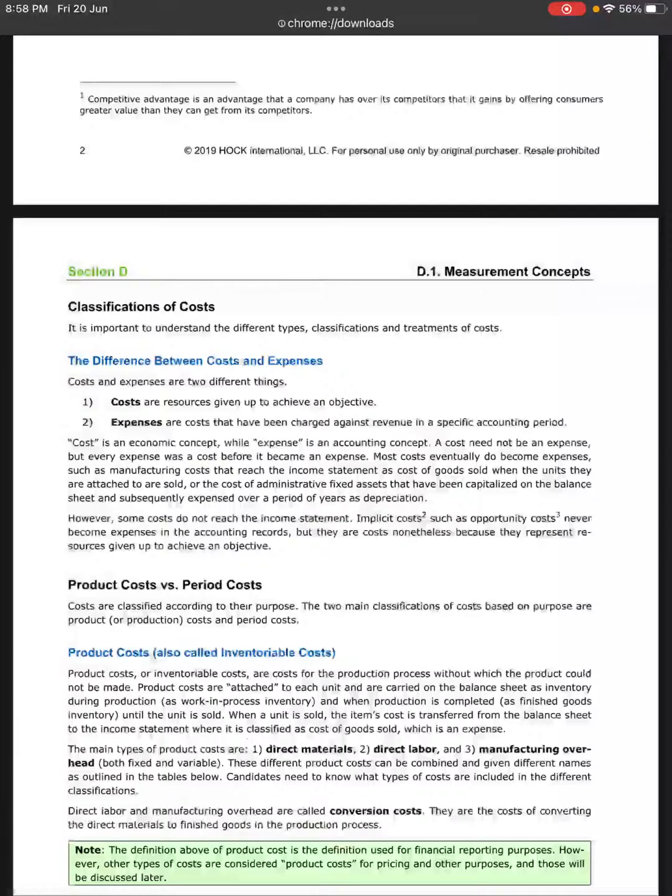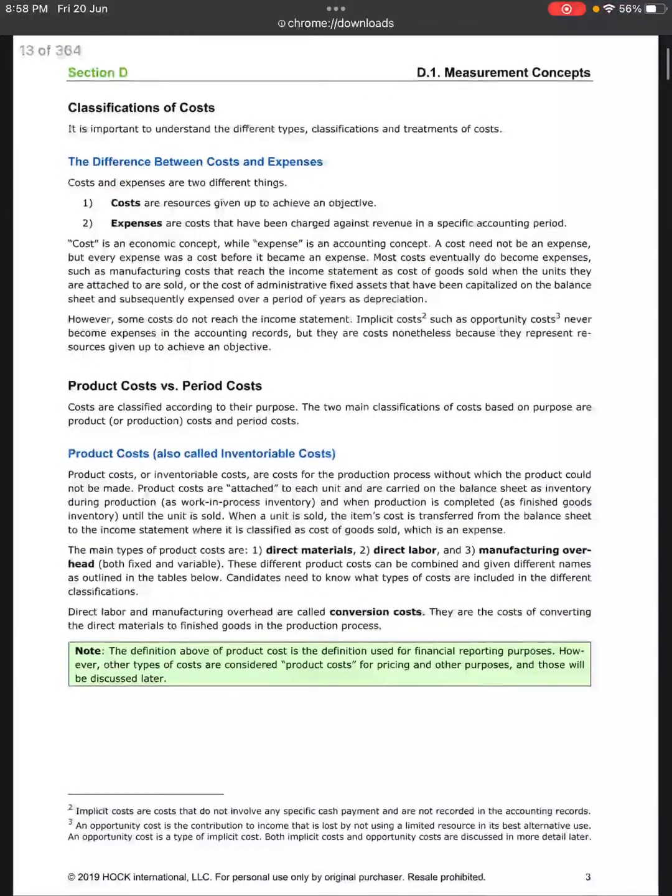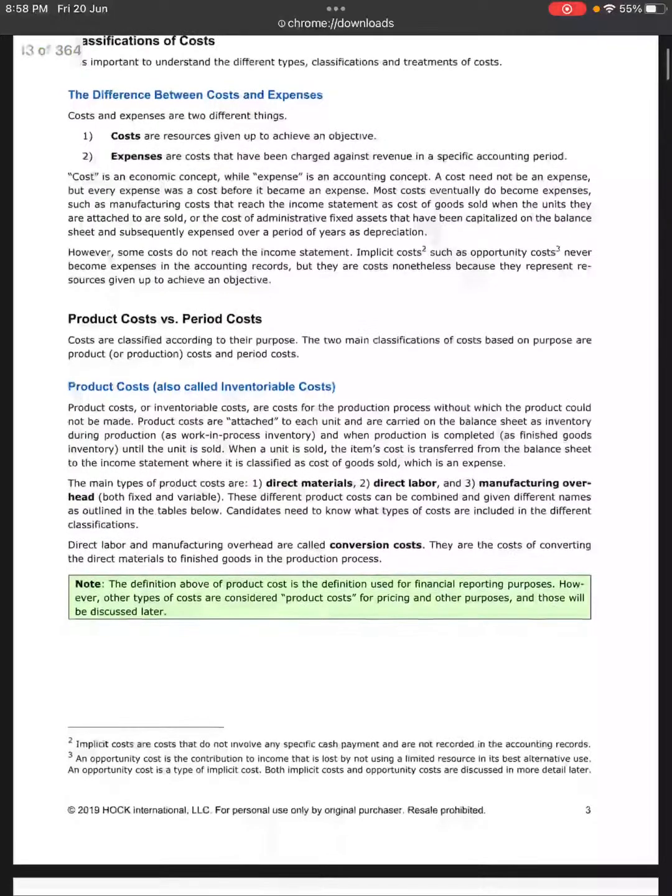These are called period costs. An example is also given here. Product costs are direct material, direct labor, manufacturing overhead. Both fixed and variable costs are included as product cost.